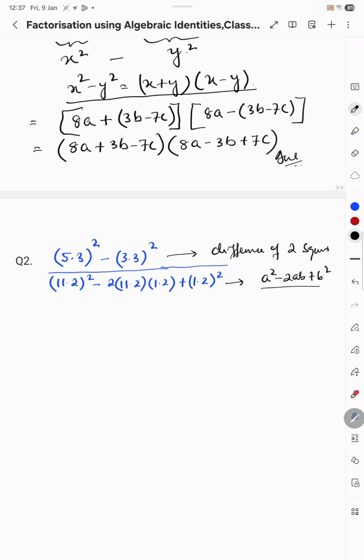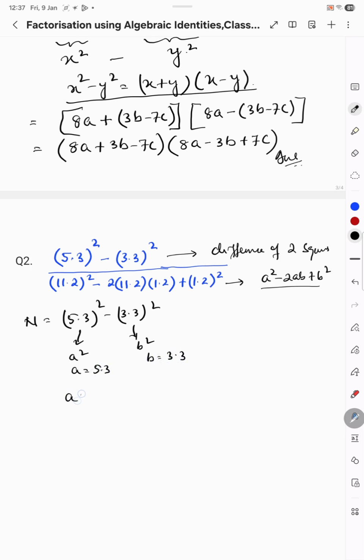So now first let's take the numerator. So numerator is basically 5.3 whole square minus 3.3 whole square. So this is basically our a square, this is my b square. So a is 5.3 and my b is 3.3.